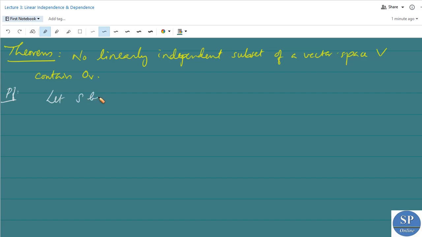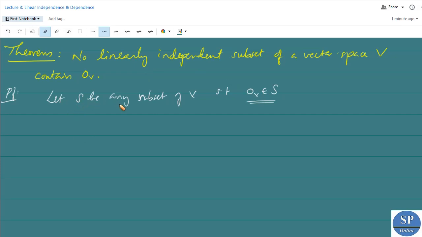Let S be any subset of V such that 0 belongs to S. Here we are going to prove this theorem by proving the contrapositive. The theorem says, if S is a linearly independent subset, then S does not contain 0_V. So we suppose that 0 belongs to S, and then we have to show that S is linearly dependent.